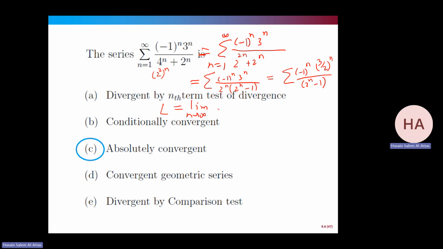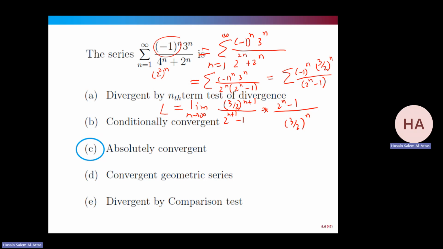So I have 3/2 to the power n plus 1 over 2 to the power n plus 1 minus 1, times the reciprocal of this, over 3/2 to the power n. I did not put the absolute value, but the absolute value will kill the minus 1, so no need. The rest are positive values.